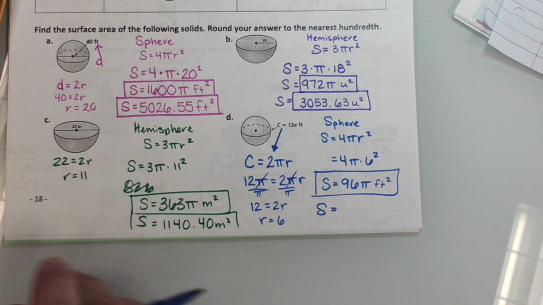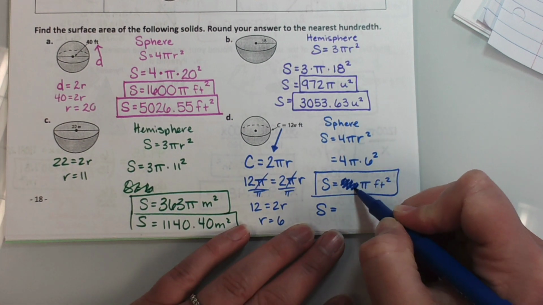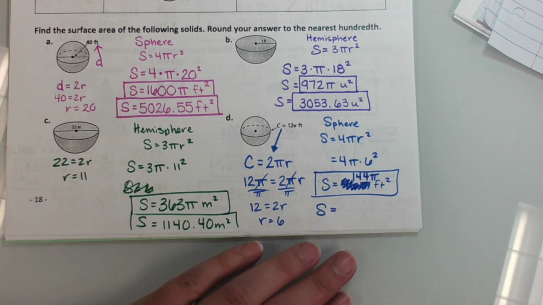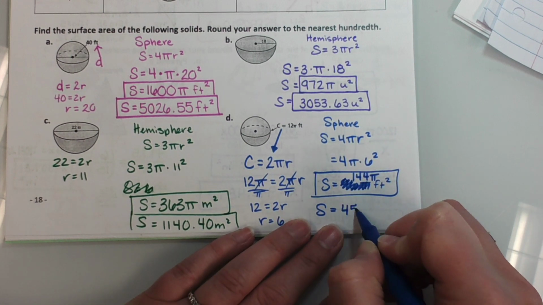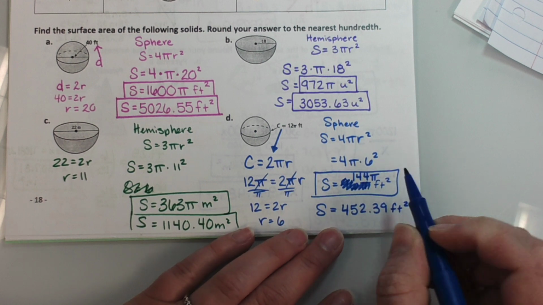Oh, because that's not 96. That's why. I messed that up. That should be 144, shouldn't it? Yeah, that makes more sense. So 452.39 feet squared makes more sense.